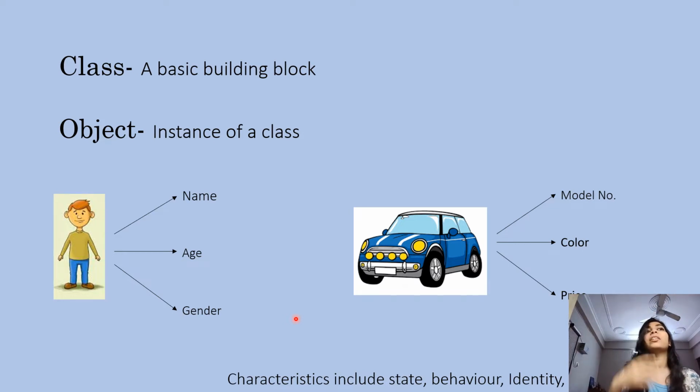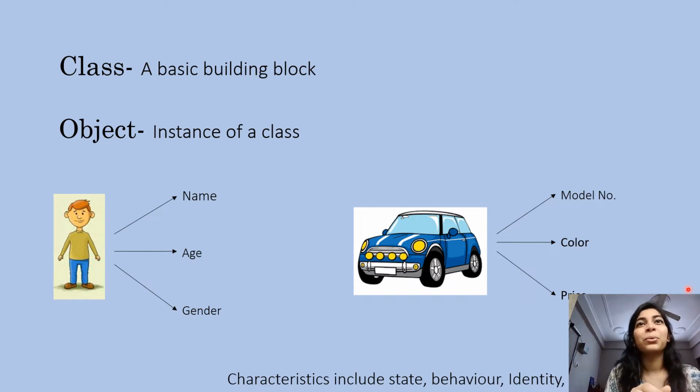Similarly, if we take car as our class, what does every car have? Every car has a model number. Every car has a color. It can't be colorless, right? Every car has a price. You can't take it for free until you steal it. Don't steal, please.